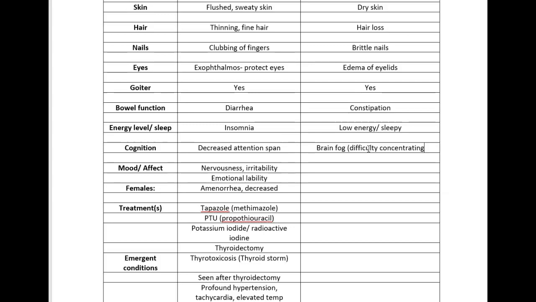I can tell you anecdotally, my friend who has Hashimoto's thyroiditis, an autoimmune form of hypothyroidism, struggles with brain fog a lot. I have heard people say they can get brain fog from hypothyroidism. As far as mood and affect, somebody with hypothyroidism is much more likely to be depressed.